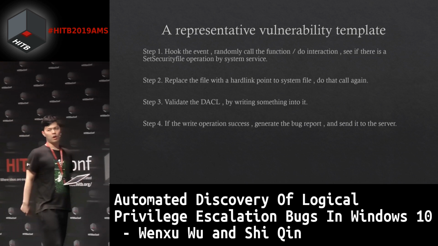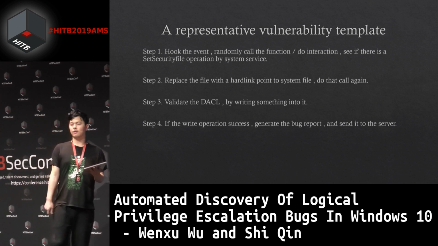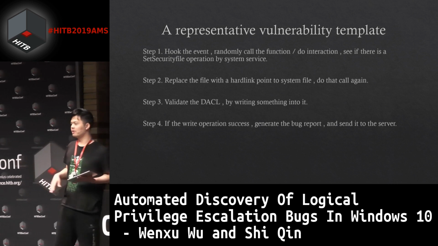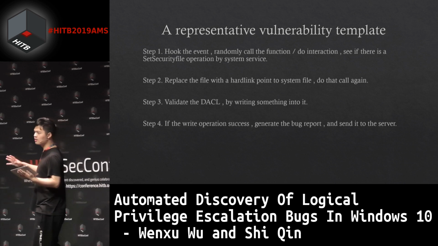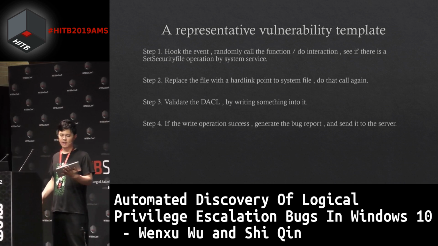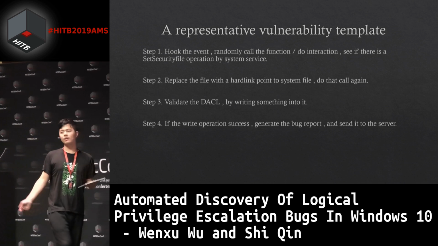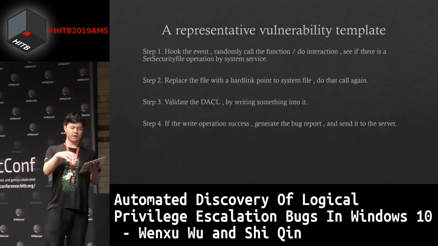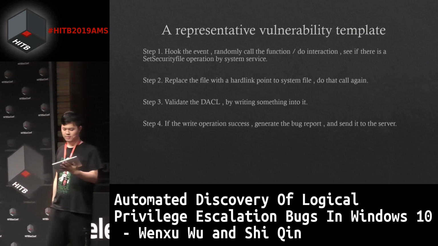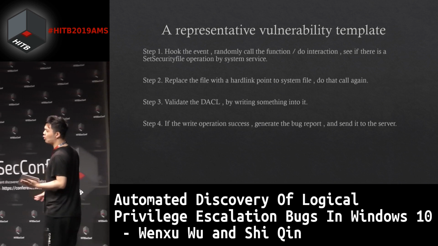So, in one word, there is a vulnerability template in our framework. First, I hook the sensitive operations and do interactions. Second, I replace the file with a hard link or something else and validate the DACL of that file.